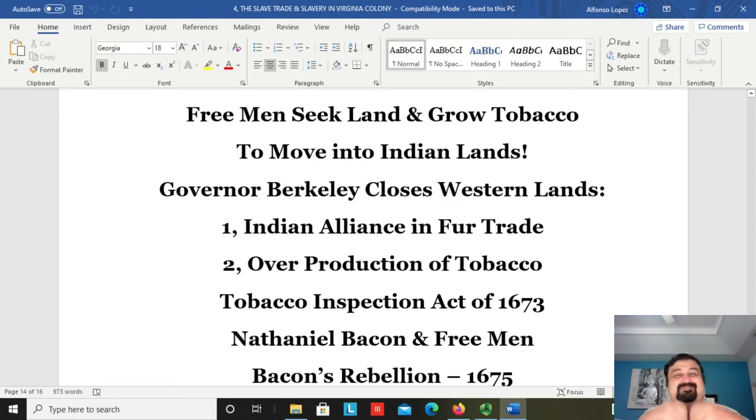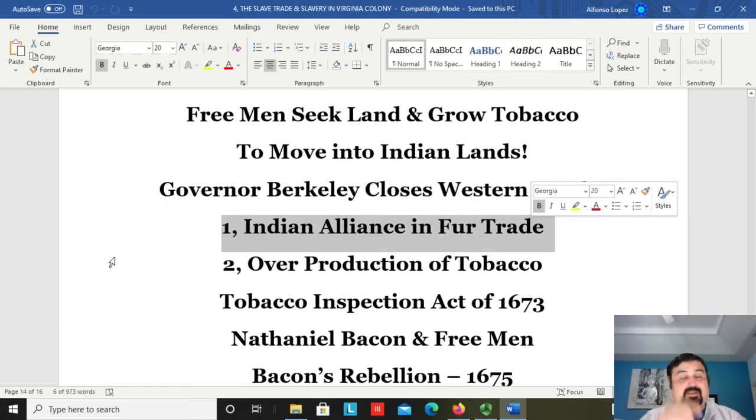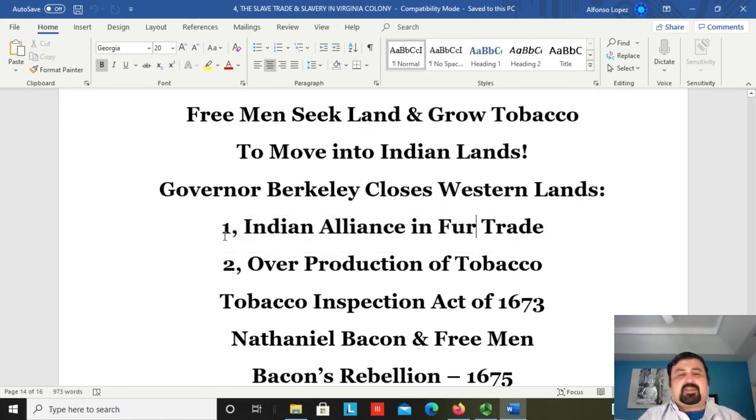Okay, they're not going to issue land grants to the freemen because that will upset, of course, the Indian alliance that the colony has with the Native American groups. The Indian alliances were created for the purpose of the fur trade.